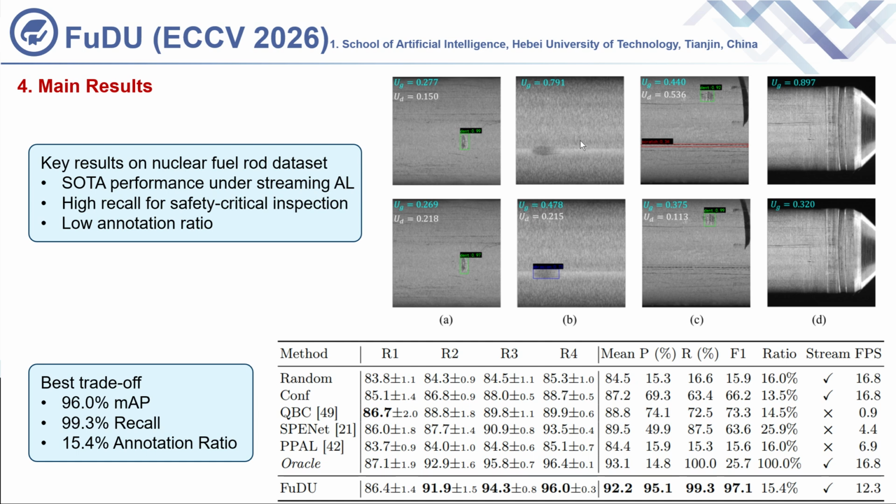Compared with confidence-based sampling, FuDU gives much stronger improvements because it can capture both false positives and false negatives. Compared with pool-based methods, FuDU is more suitable for streaming inspection because it avoids heavy offline processing and keeps practical inference efficiency.